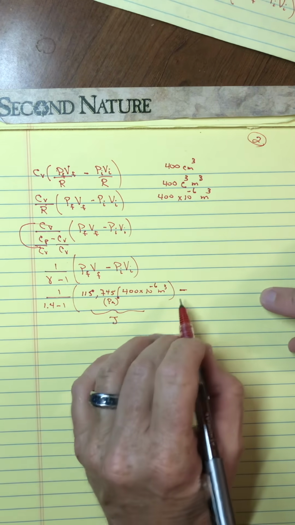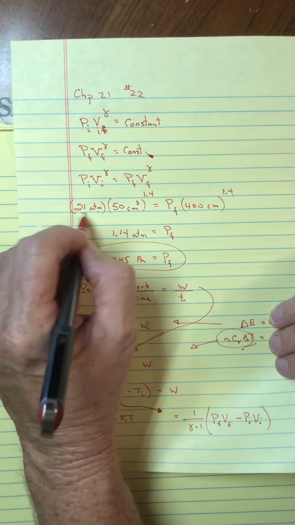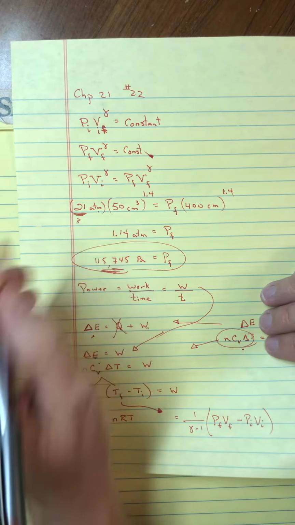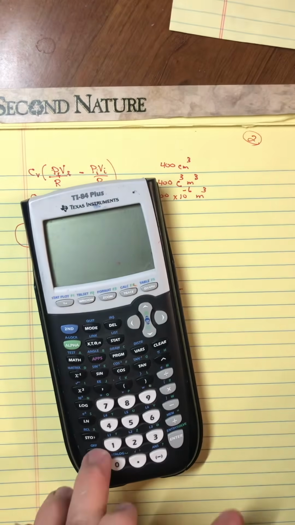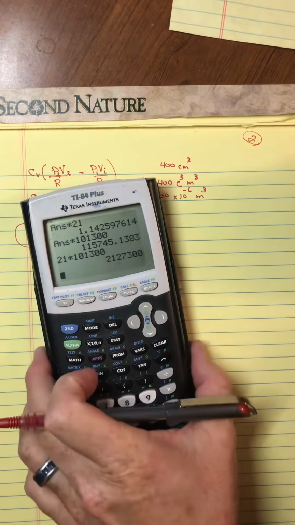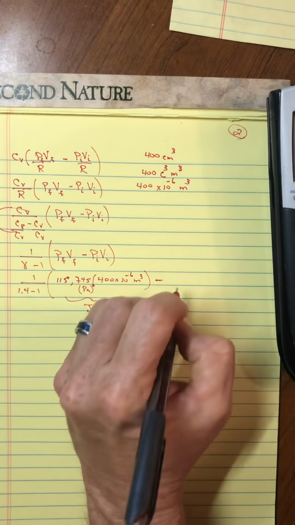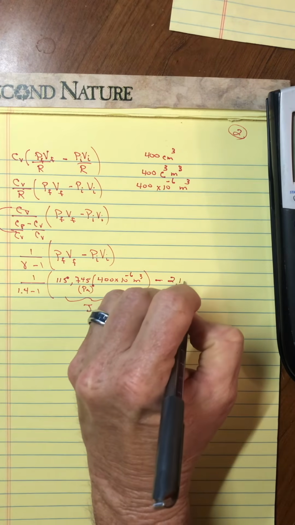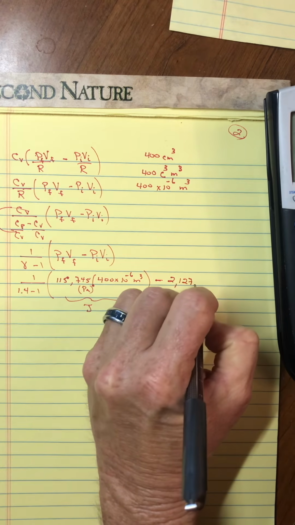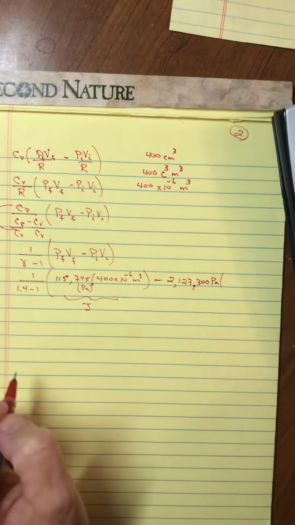Now the other pressure, which is the initial pressure, which we wrote as 21 atmospheres, we never worked it out in pascals. So let me take the 21 and multiply by 101,300 and come up with the pressure in pascals, 2,127,300 pascals.